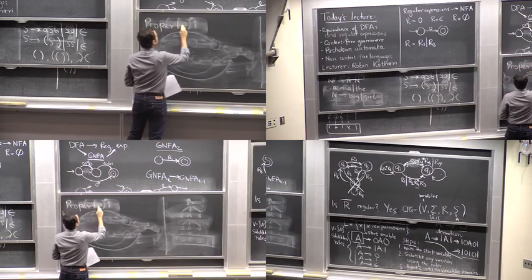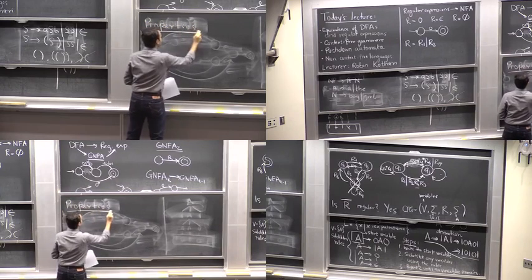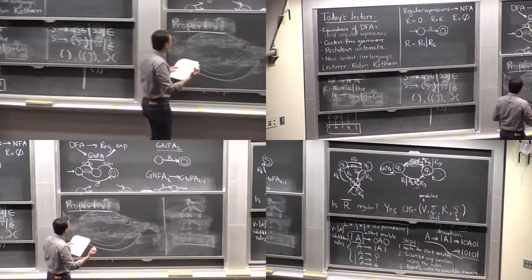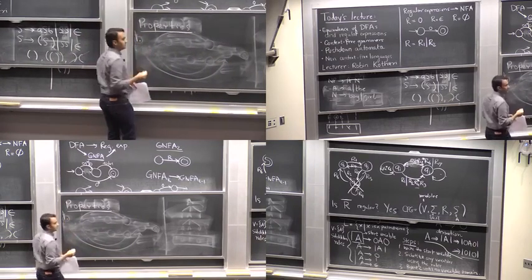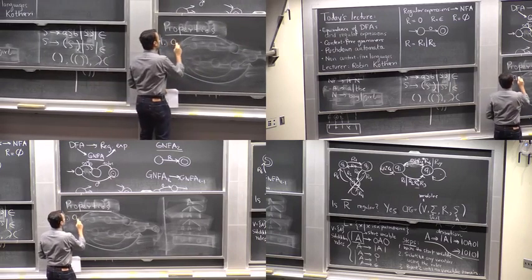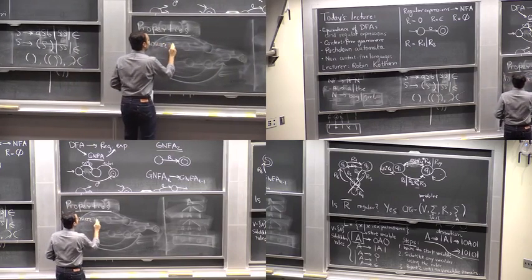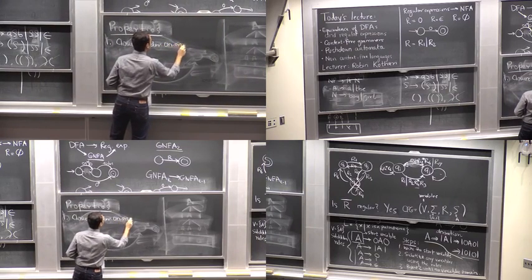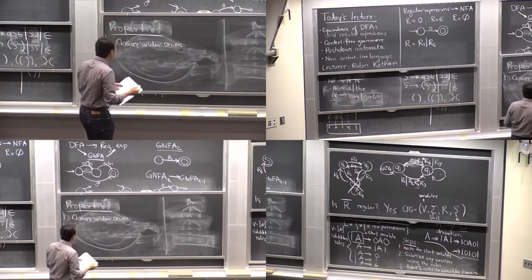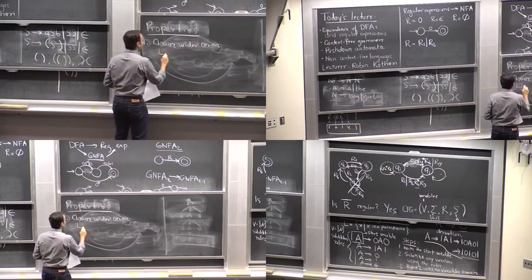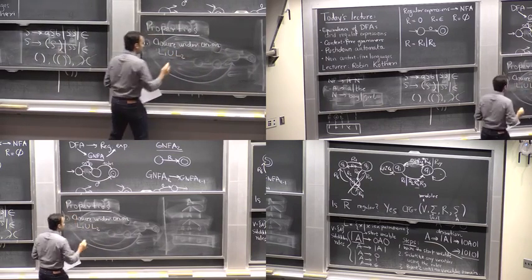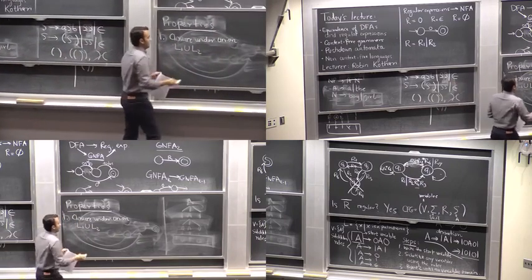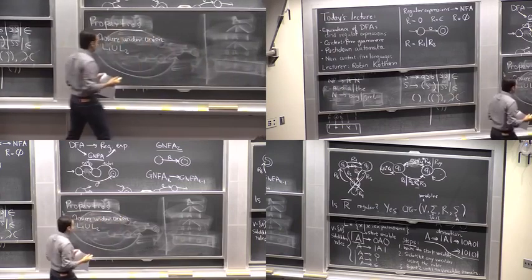We can ask some of the basic properties of context-free languages, the same kinds of questions that we asked about regular languages. So for example, closure under union, which means: given two context-free languages, L1 and L2, is the union of L1 and L2 also a context-free language?